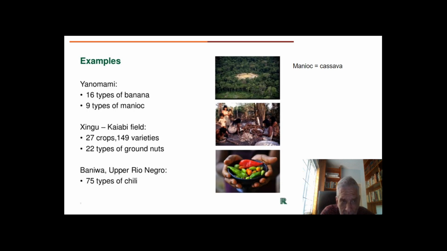The Xingu have 27 crops with 149 different varieties and 22 types of groundnut. And then this group here have 75 types of chili.